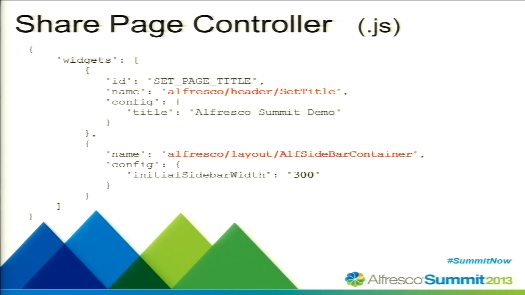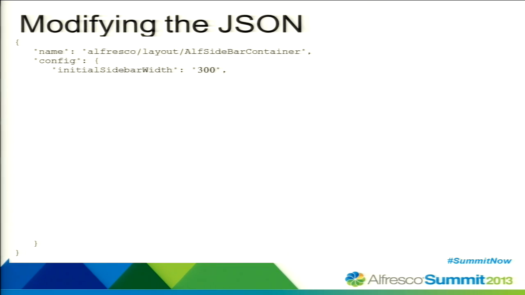Since I wanted to split the page into a couple of different panes, I included the sidebar container, so that gives me a left side and then the main pane. And you can even set the width of the pane pretty easily if you include additional tagging here under the configuration tags. That just basically goes in and sets variables in the JavaScript directly in the widget.